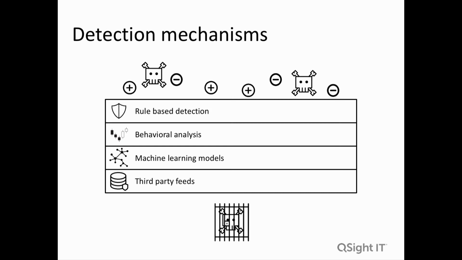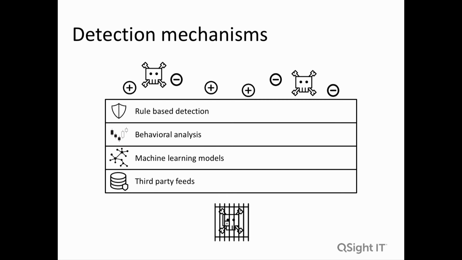So as you can see, we just put them on top of each other here. It doesn't mean you go through it like this, or you can skip layers in the end. What you see on the top layer is the rule-based security. That's something we already have implemented at the moment. Beside that, we want to add some extra layers like behavioral analysis, machine learning models, and third-party feeds.